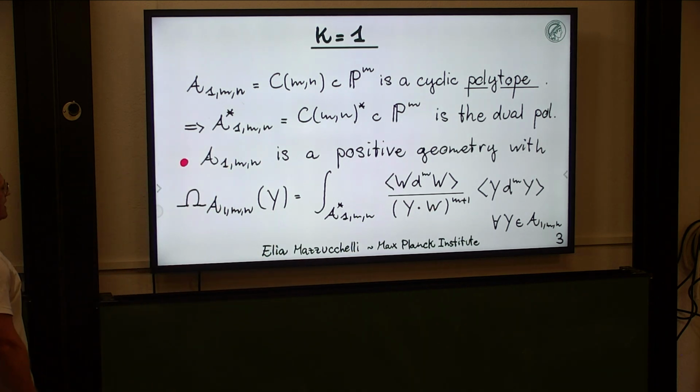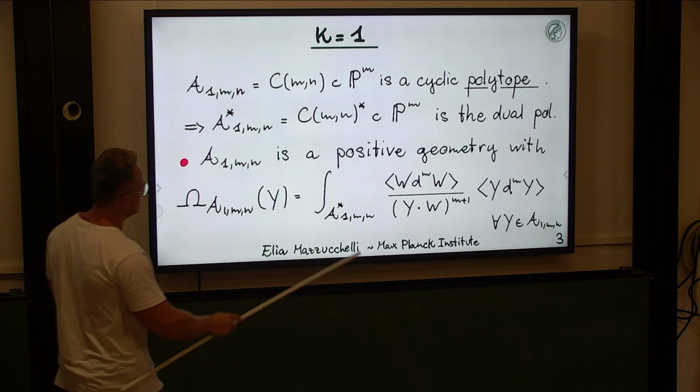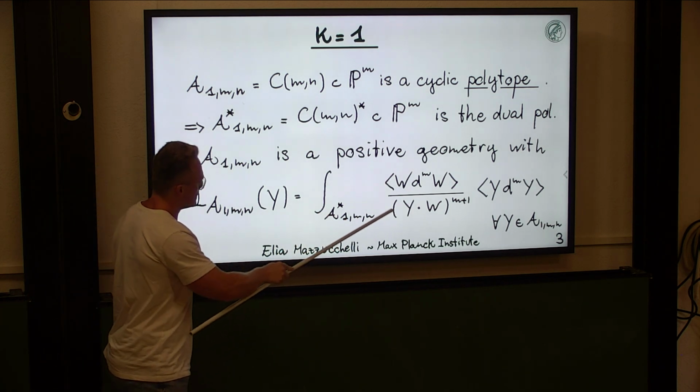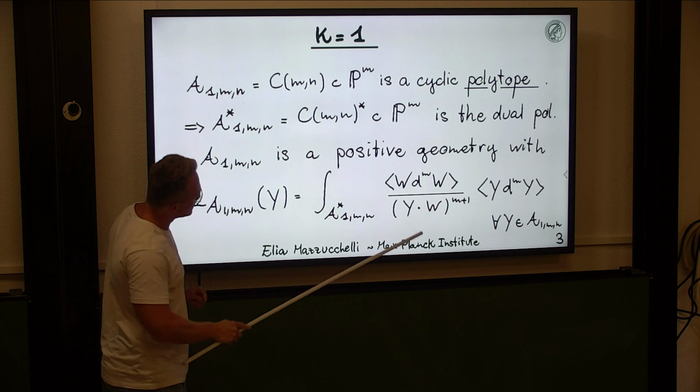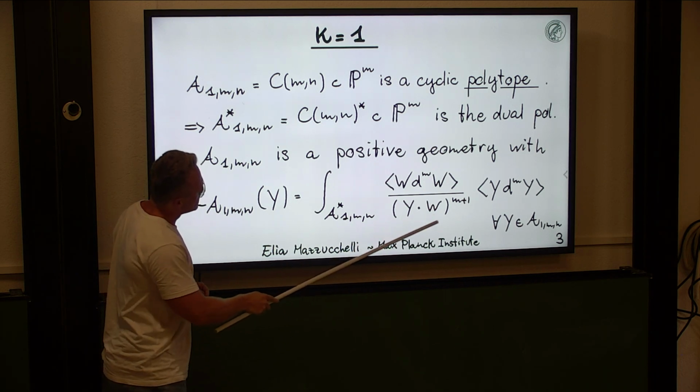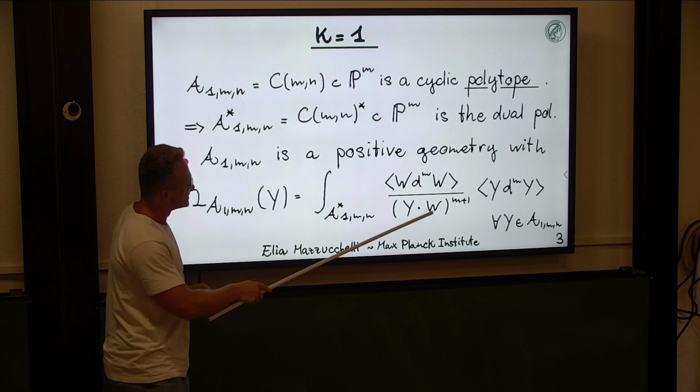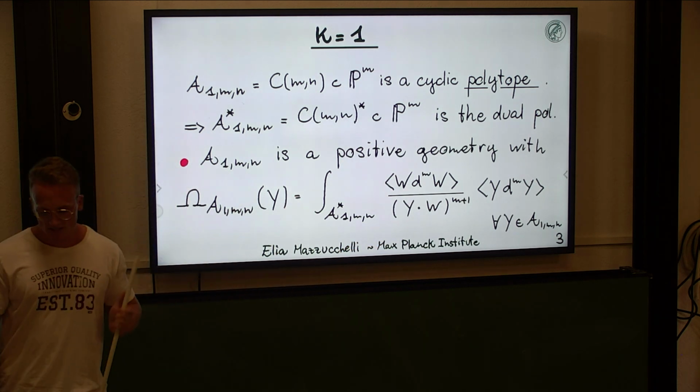So W is a point in the dual. We are integrating over the whole dual by this measure. And then you can notice that in particular this factor here is non-negative by definition. This is how the dual polytope is defined.